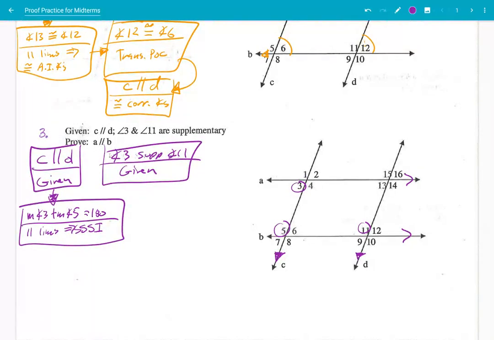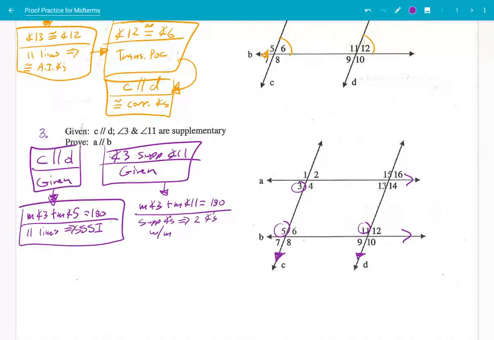Here, I'll just abbreviate all that. And then 3 is supplementary to 11. That means that the measure of angle 3 plus the measure of angle 11 equals 180 degrees. Supplementary angles imply two angles with the sum 180.